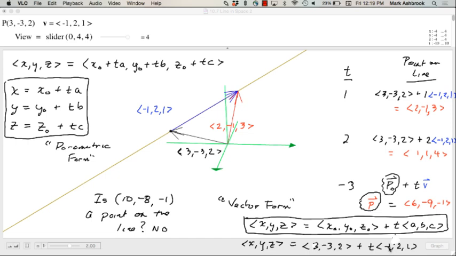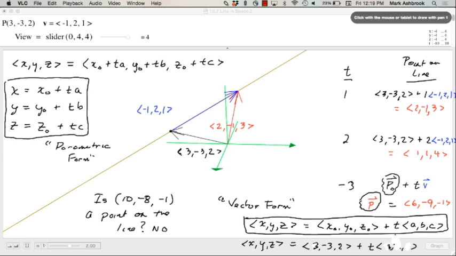Okay, is there more than one direction vector that would indicate the direction of this line? How many are there? Yeah, so all I need is any vector that's parallel to negative 1, 2, 1 is going to be a legitimate way to get the points on this line. So give me one way I could change this. I got negative 1, 2, 1.